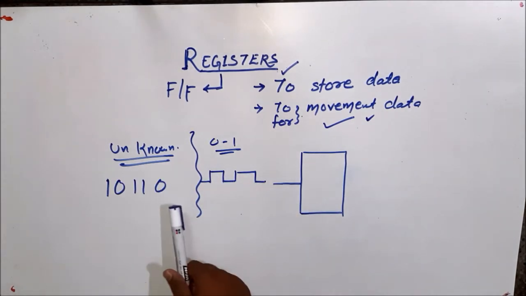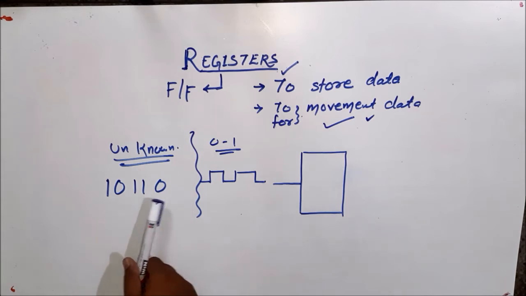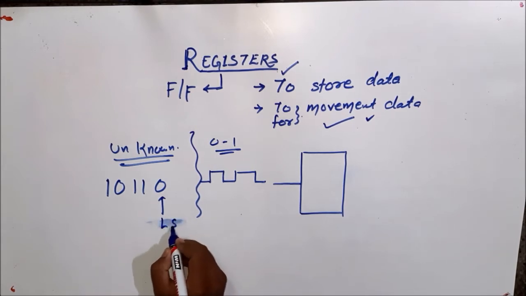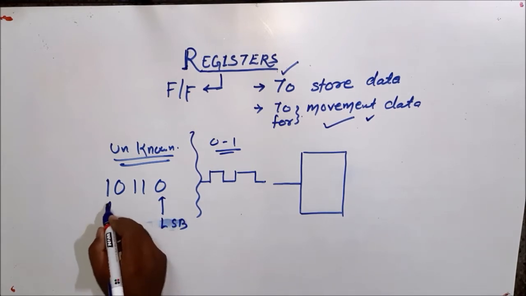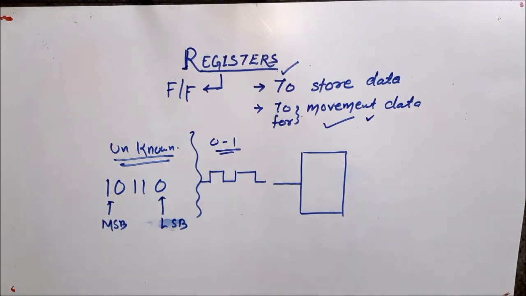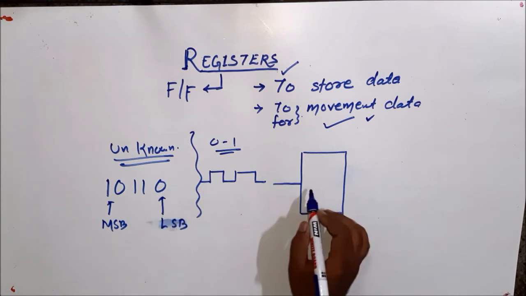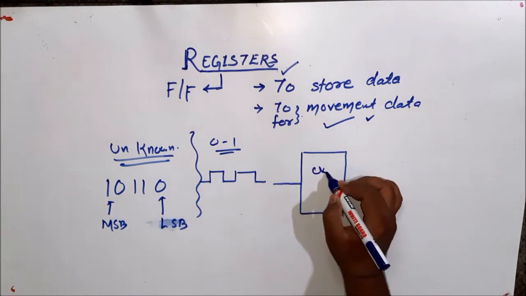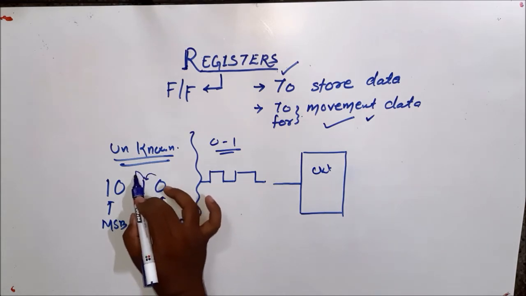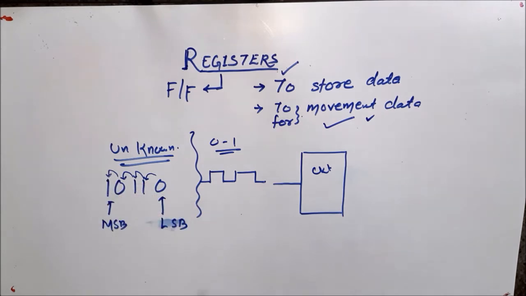For example, in this unknown source I have data of 10110. So this is the LSB and this is the MSB. In this process, for serial data movement, 0 is entered into the circuit first, then 1 is entering, then 1 is entering, then 0 is entering, then 1 is entering.